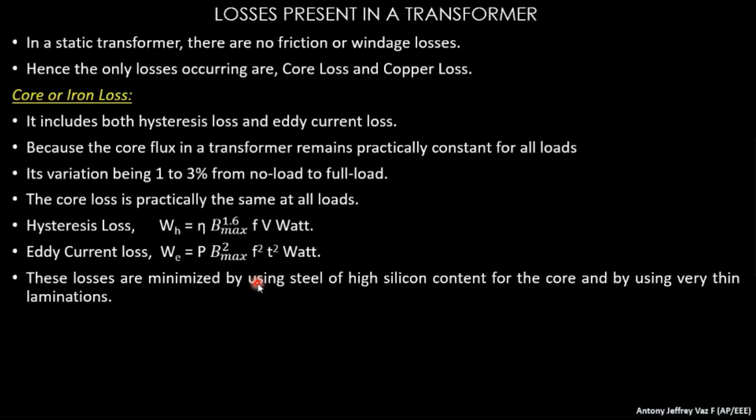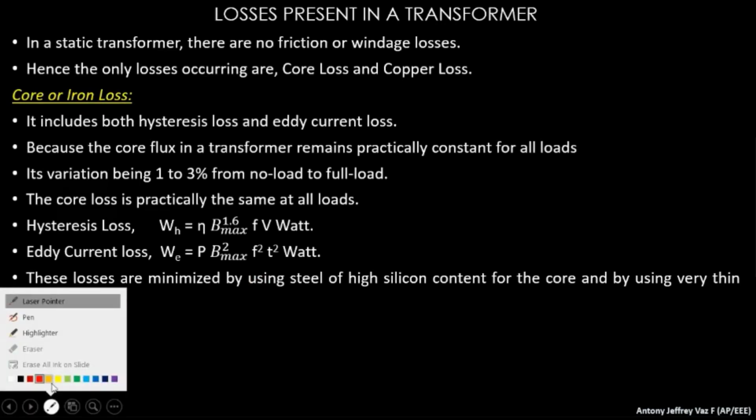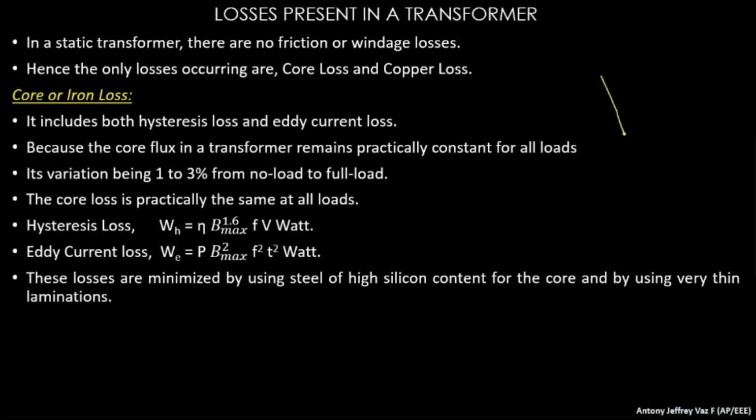If you consider the core of a transformer, it is made up of silicon steel. This silicon steel is wound with the primary and secondary windings. Here you input the supply, and here you take out the supply.